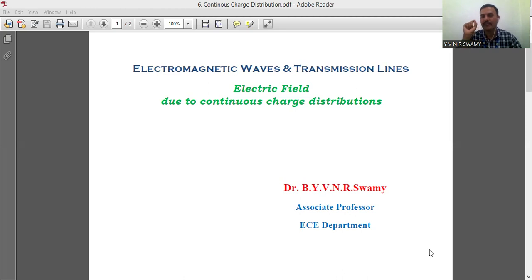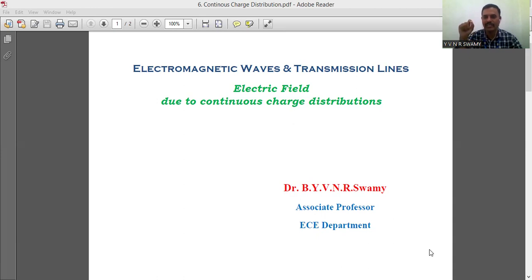In this formula, a_R is the unit vector whose magnitude is unity. It can be written as R by mod R. Then electric field intensity can be written as E equal to Q into R by 4 pi epsilon naught mod R whole cube, where R is the distance.